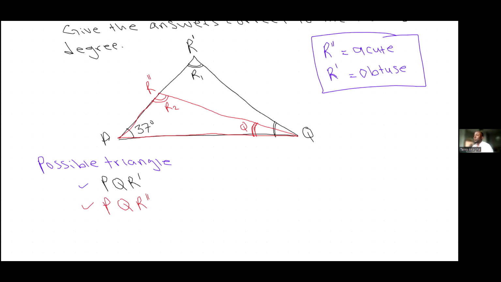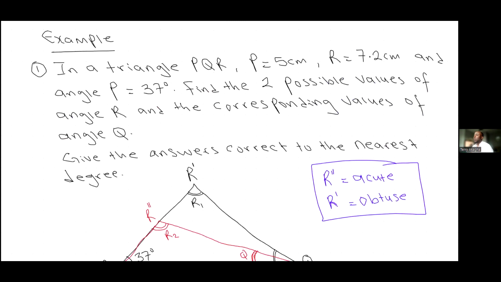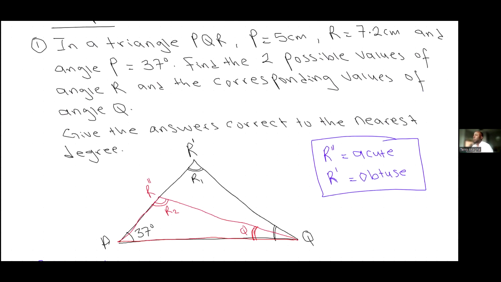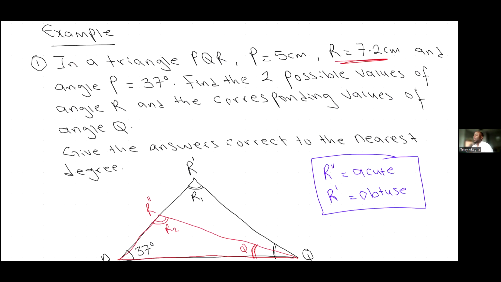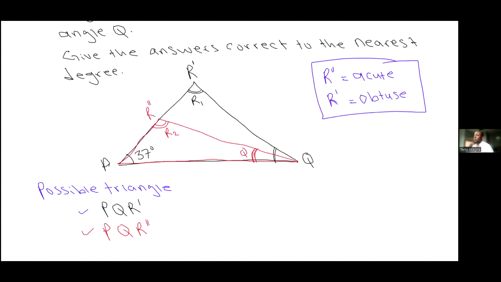We're told that the length of PQ was given. The side R here is the side facing the angle R, and that's going to give us 7.2. Let me use a purple pen to show that it's for both of them. So this is 7.2.